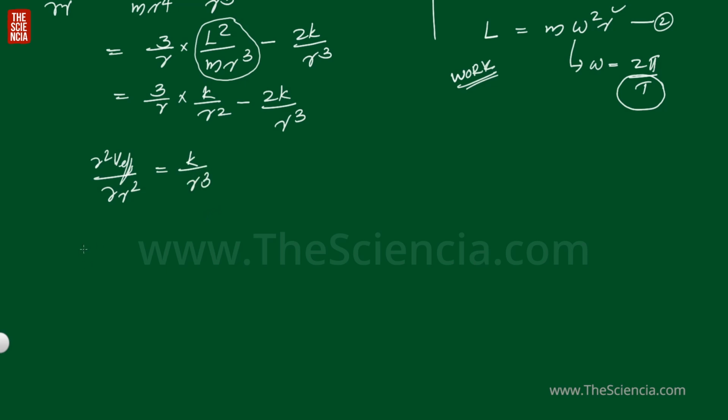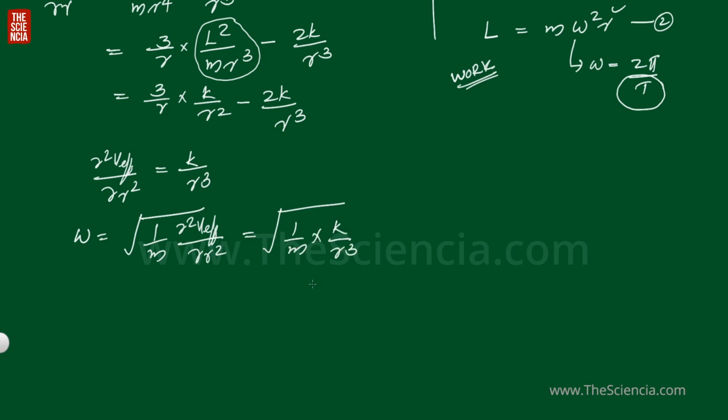And from this equation we can find out omega, that is omega is equal to root of 1 by m into dou square V effective by dou r square. So we get this is equal to root of 1 by m into k by r cube.